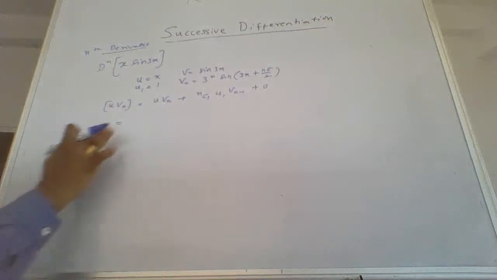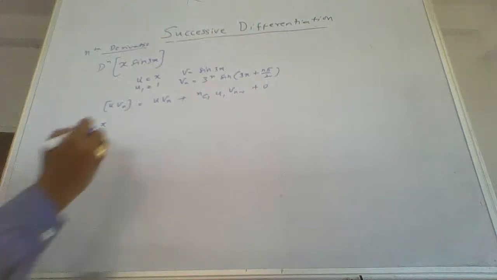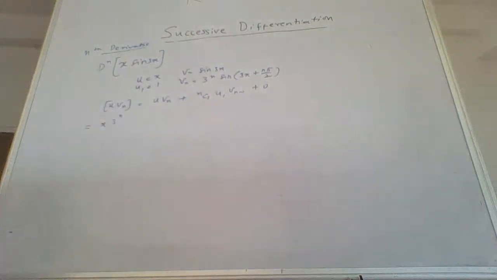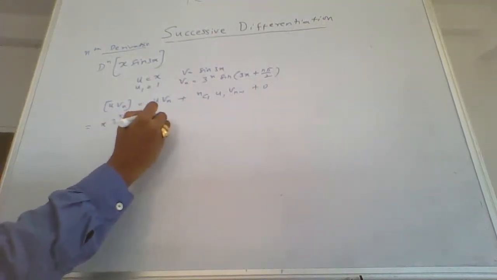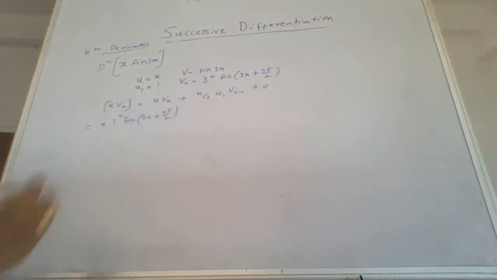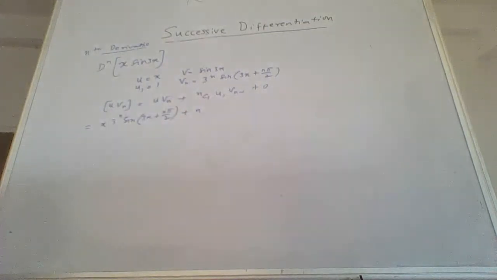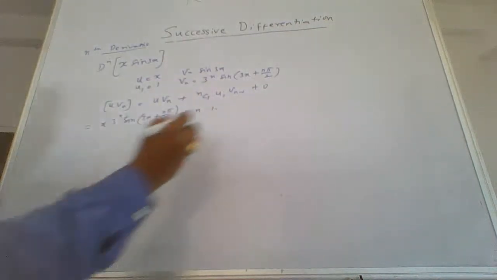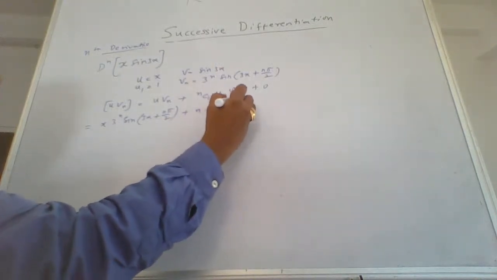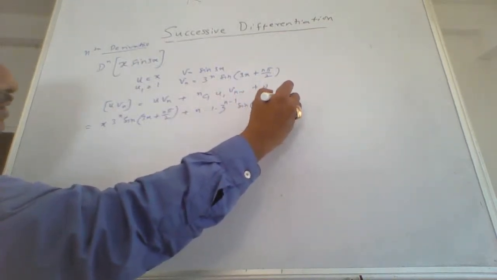So I'll have x times 3 to the power of n sine of 3x plus n pi by 2. Now nC1, which is n, into u1 being 1, into 3 to the power of n minus 1 sine of 3x plus n minus 1 pi by 2.